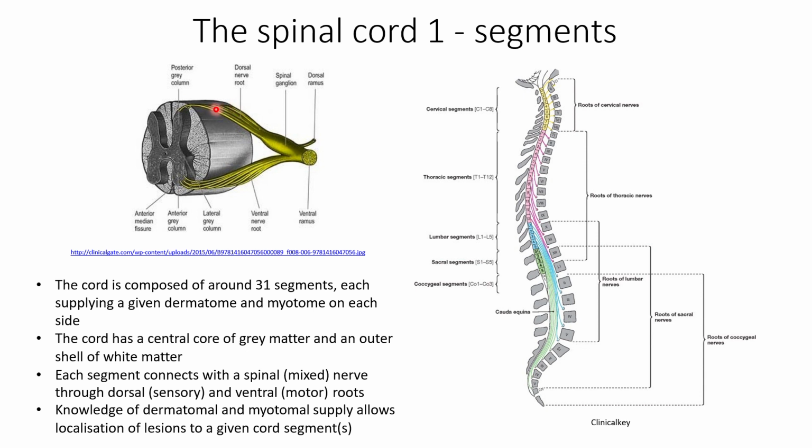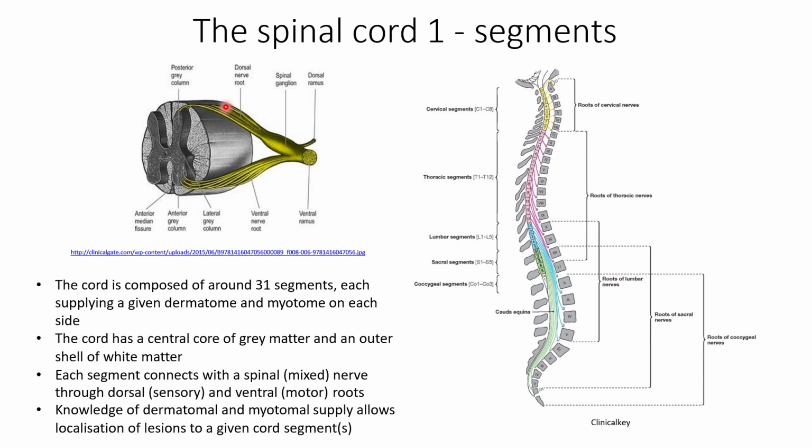So there are something like 5 or so distinct rootlets joining into each cord segment at the back to form the dorsal root and at the front to form the ventral root. So the roots are formed from the convergence of the rootlets.